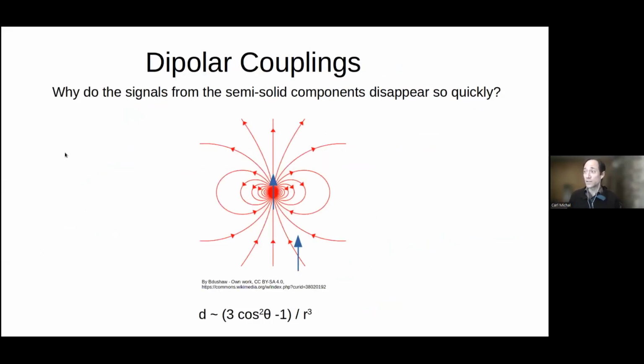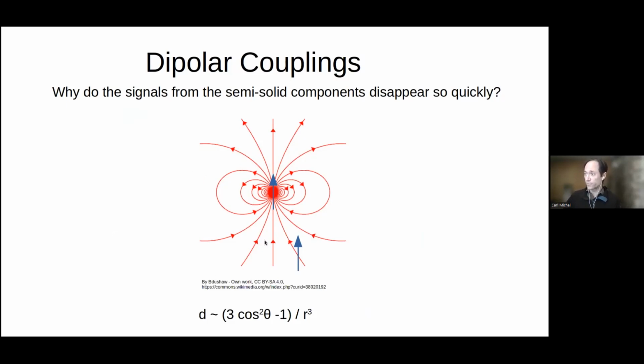The reason the signals from the semi-solid components disappear so quickly has to do with dipolar couplings. If we think about the proton spins, each of those spins is associated with a magnetic moment, and you can think about the magnetic fields that come from these magnetic moments as the typical dipolar pattern.